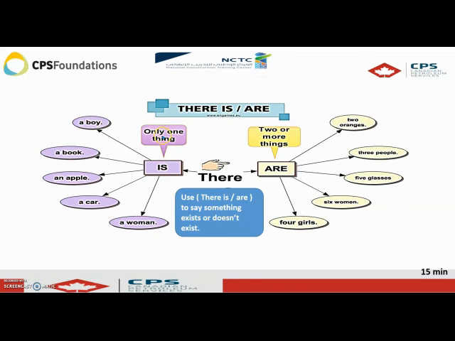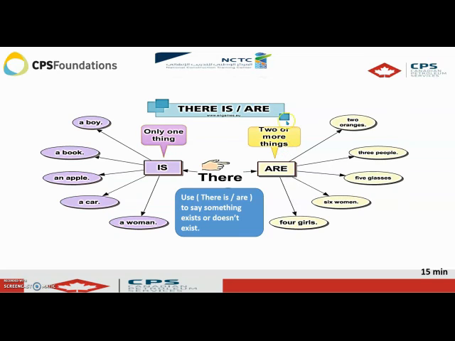Is used when we talk about one thing in the present tense, now. For example, there is a boy. There is a book. One book, now in this present time. There is an apple. There is a car. There is a woman. One object, one thing. Okay?